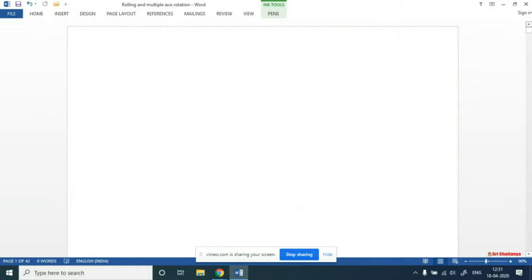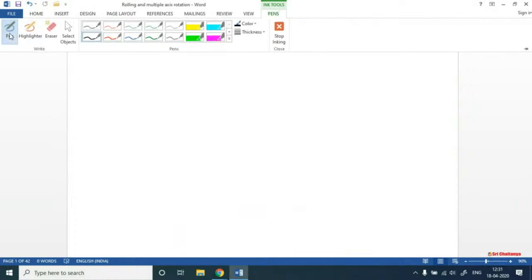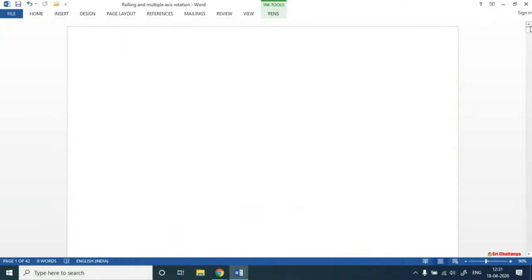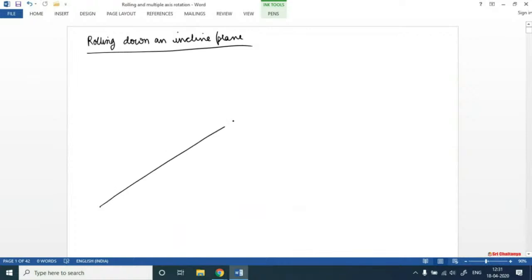So we must start with some problems of accelerated rolling, and the famous problem here is rolling down an incline plane.